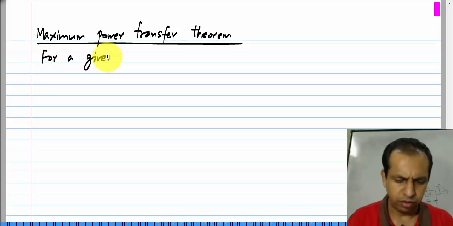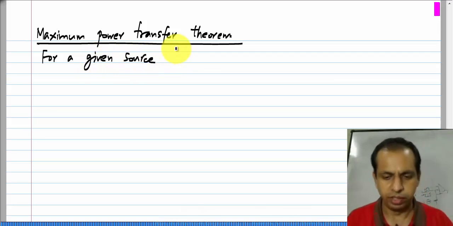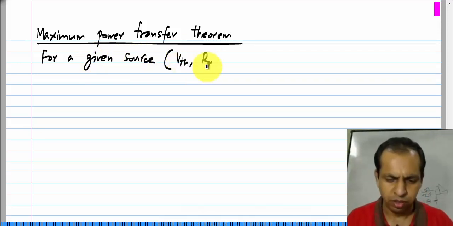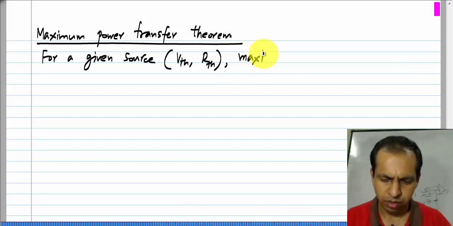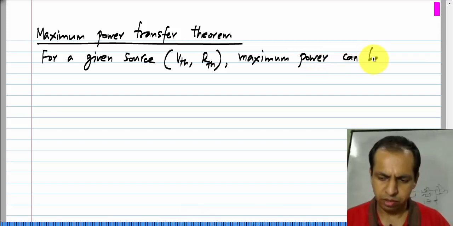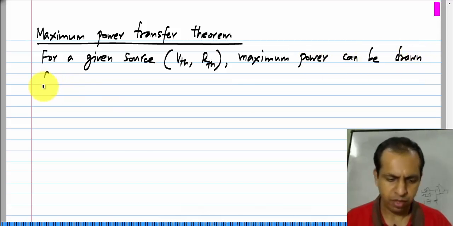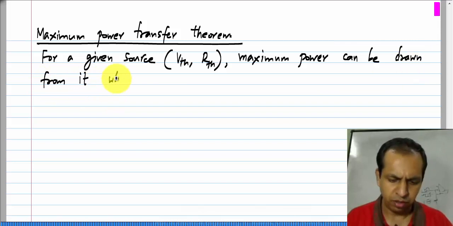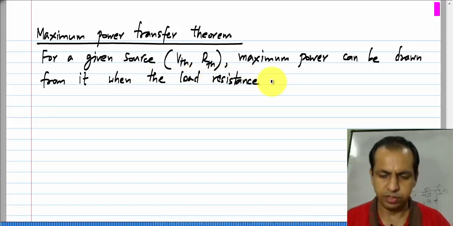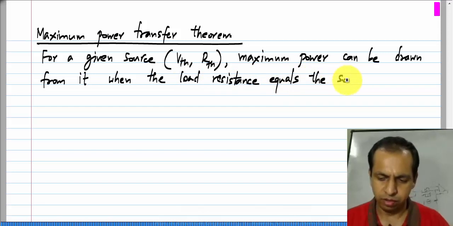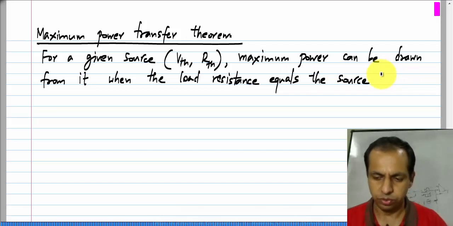For a given source, when I say given source, the Thevenin voltage and the Thevenin resistance are given, maximum power can be drawn from it when the load resistance equals the Thevenin resistance of the source.